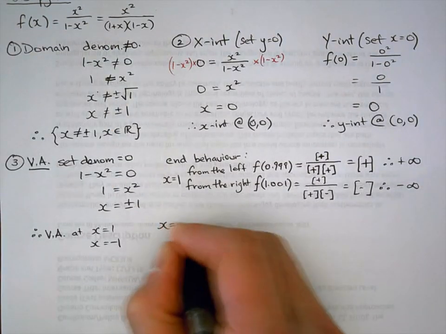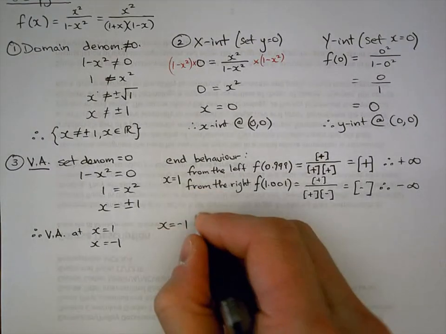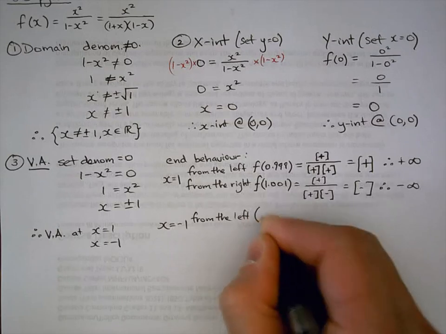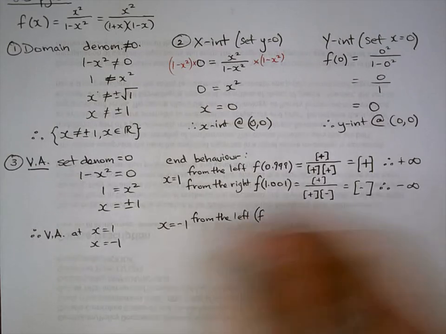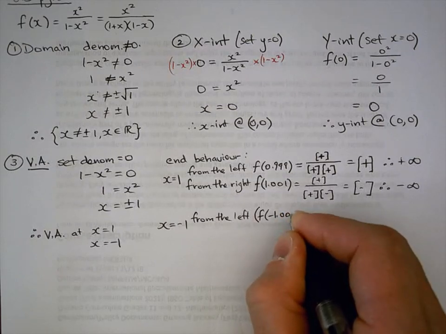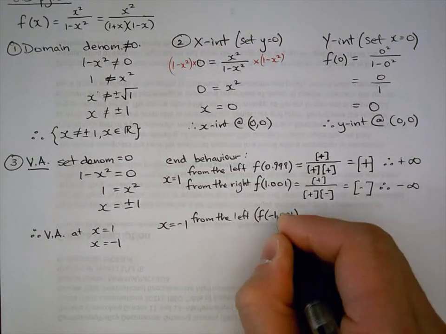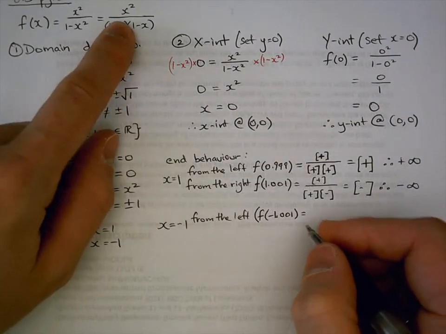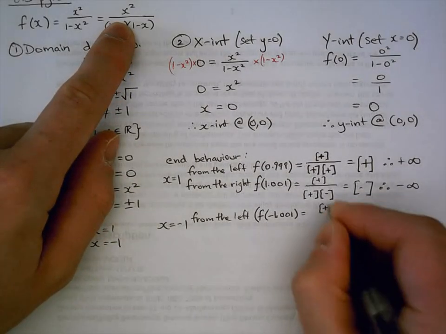Now I also need to look at the other asymptote, x equals negative 1. Again, I'm going to approach from the left. If you imagine a number line, this is a number more negative than negative 1, so I'd sub in negative 1.0001, something like that. I square it, so the numerator is always going to be positive.